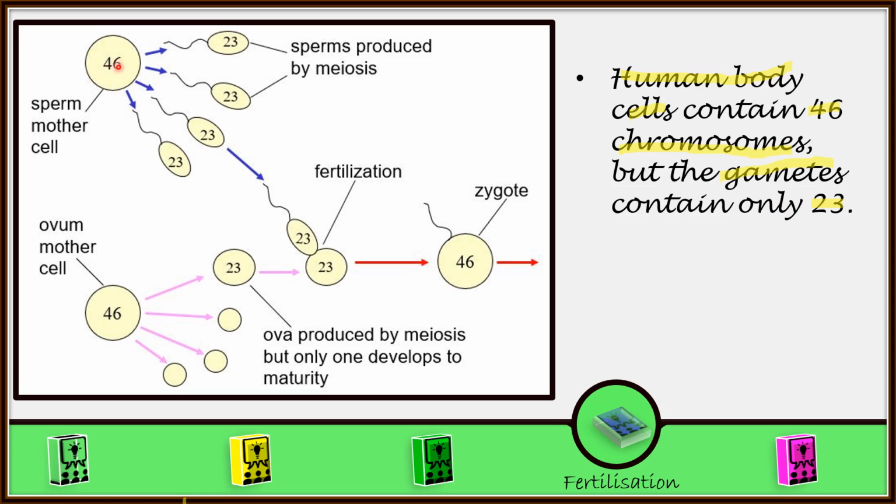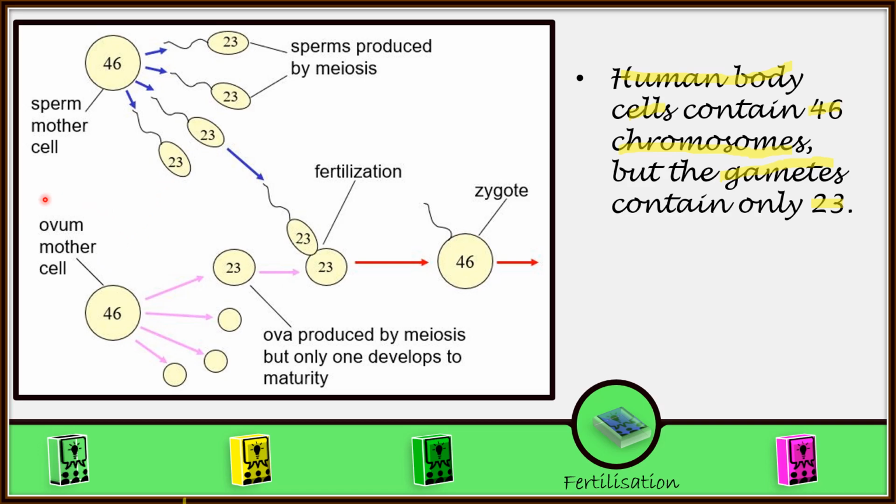So here the sperm mother cell has got 46 chromosomes. But when it undergoes meiosis cell division, it ends up forming 4 daughter cells. And each one has got 23. These are the ones that we are calling the sperms, or the gamete cells.